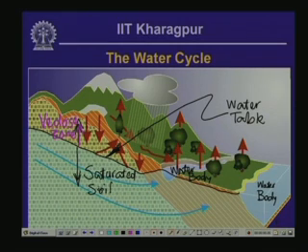A portion of the vadose zone can be partially saturated because of capillary rise, as we have already discussed.